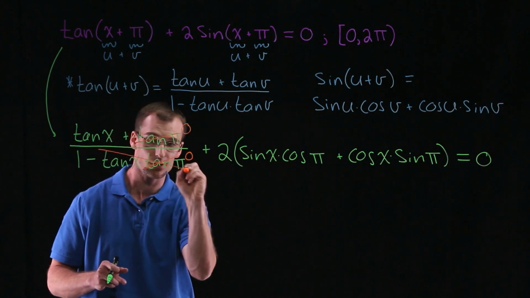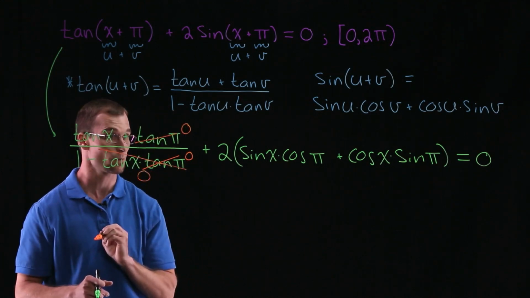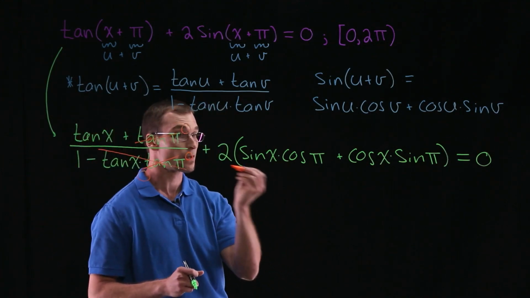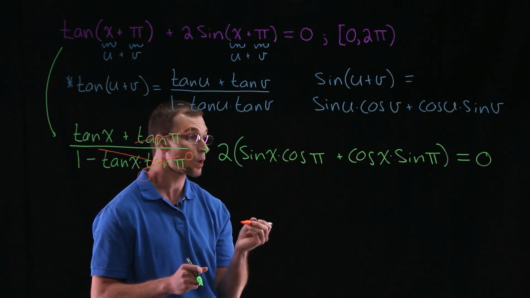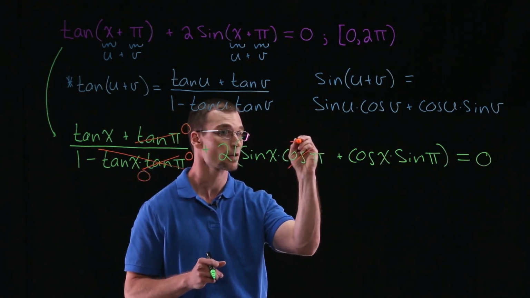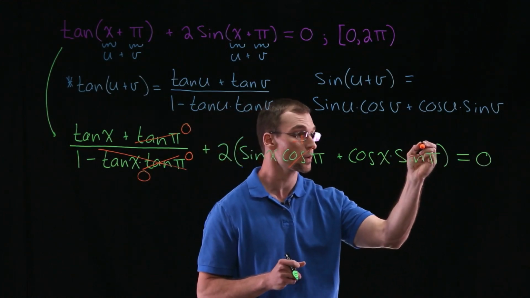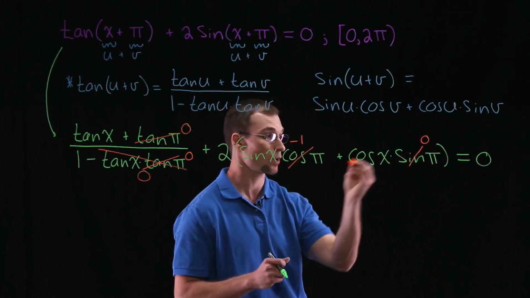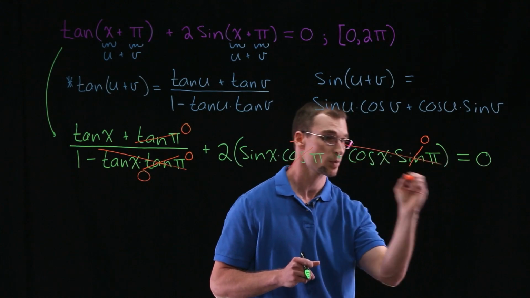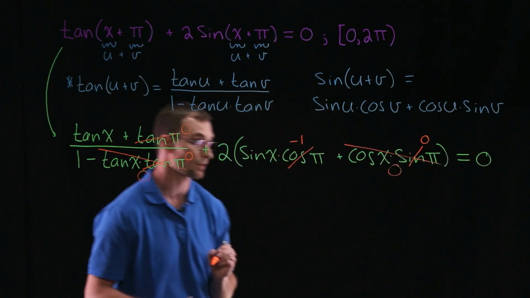So that entire term will become 0. And over here, 2 times sine of x times cosine of pi. Cosine of pi we know is -1. And sine of pi we know is 0, which means cosine times 0 makes this entire term 0.